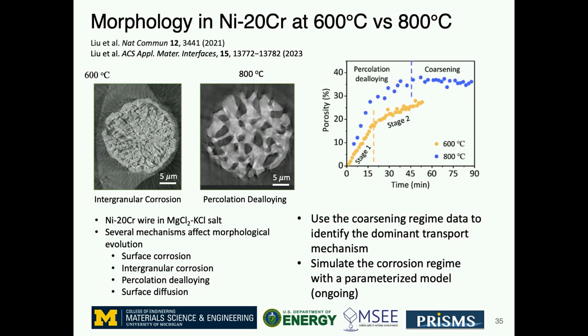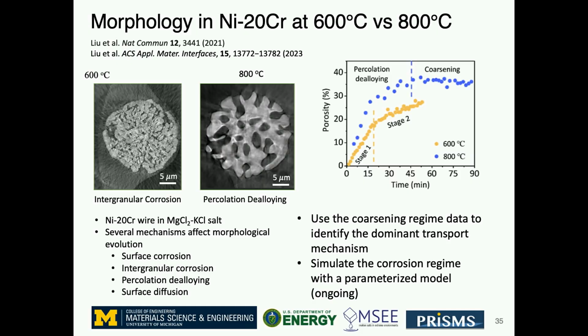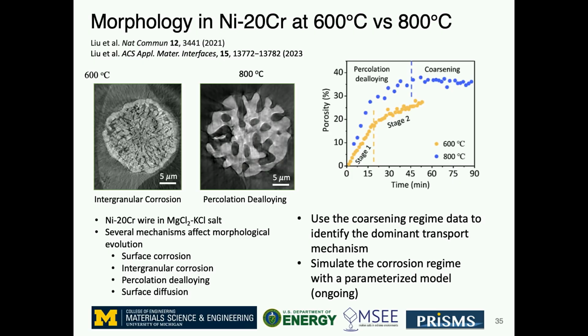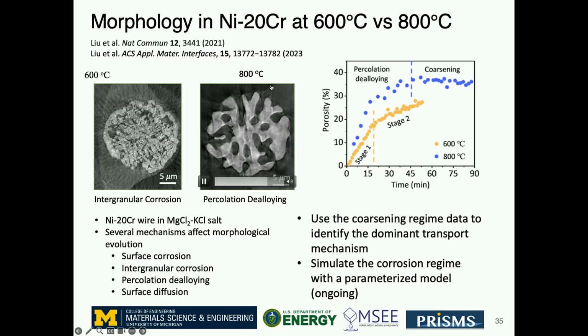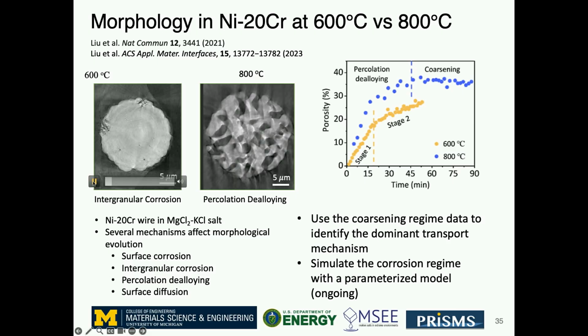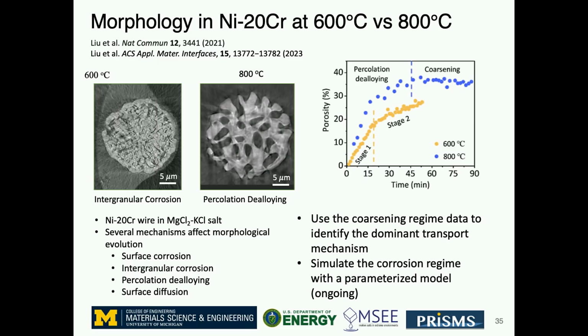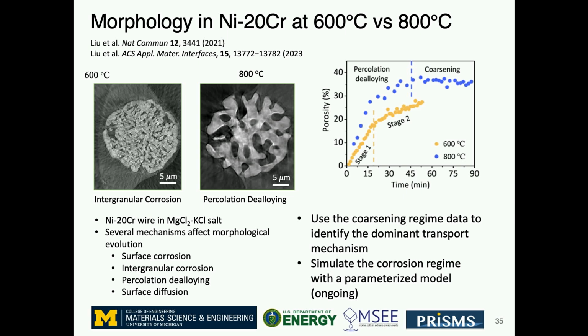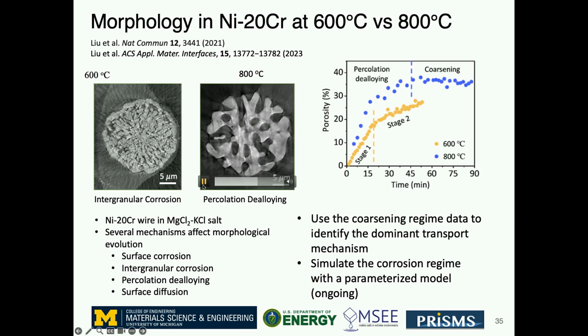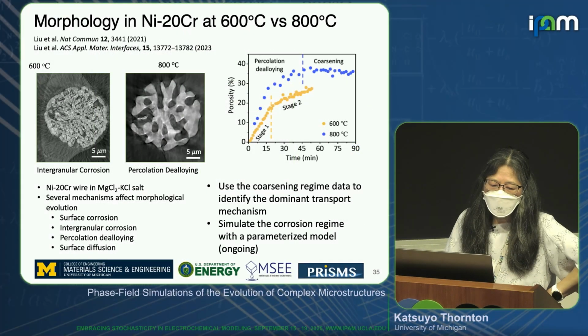Like this is a thin wire. And it's a cross-section from a tomography. And depending on the condition, low temperature, high temperature, either way, you have this very fast corrosion and de-alloying, formation of porous structure.